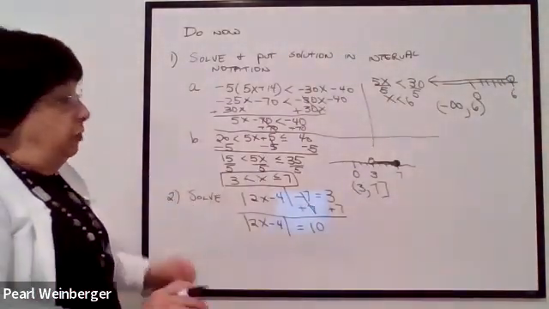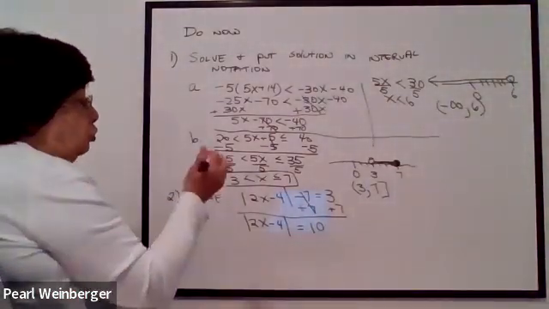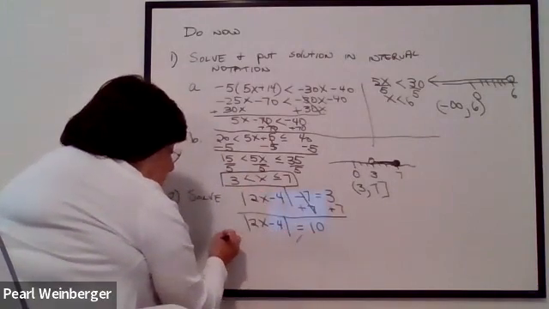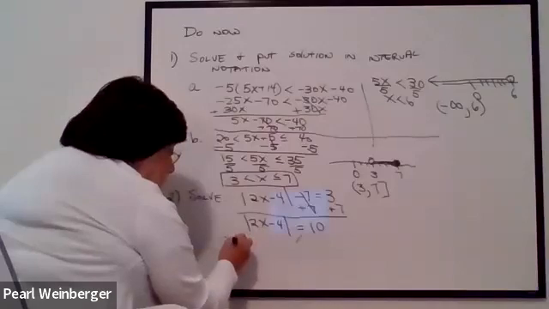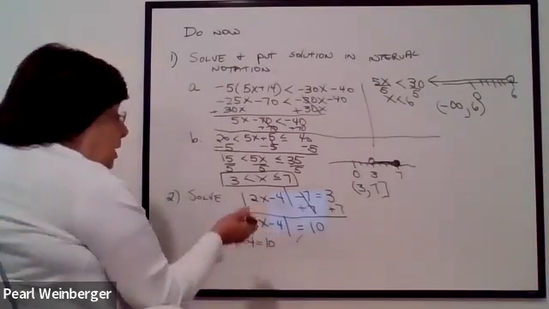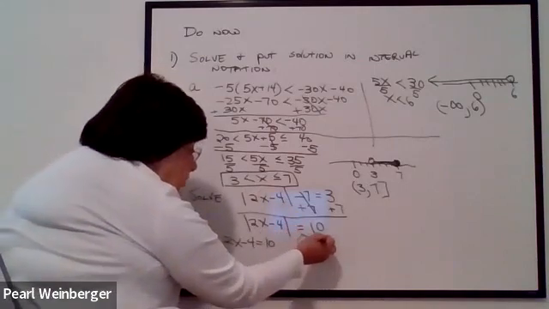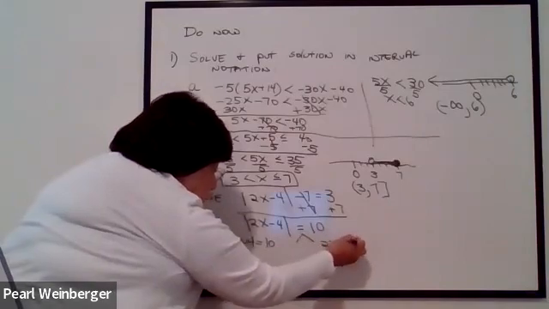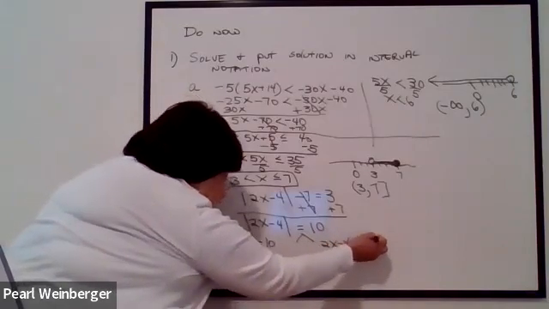And the way we go further is by breaking this up into two separate equations. One equation is just the 2x minus 4 equaling the 10. The other equation is the same 2x minus 4 equaling negative 10.